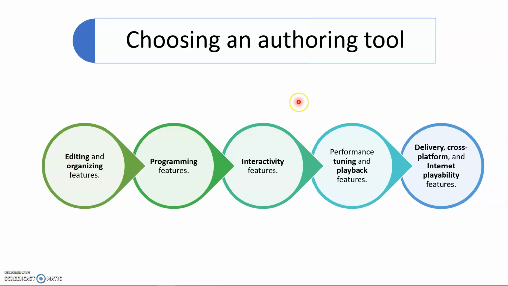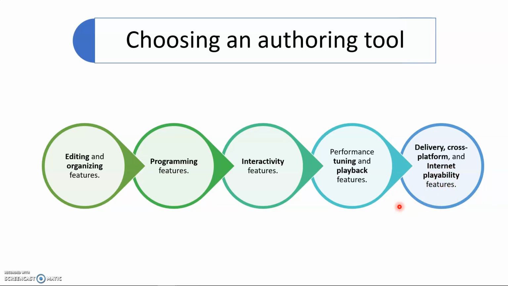When you are choosing an authoring tool, you must consider the following features. First, editing and organizing features, programming features, interactivity features, performance tuning and playback features, and last one, delivery, cross-platform and internet playability features.